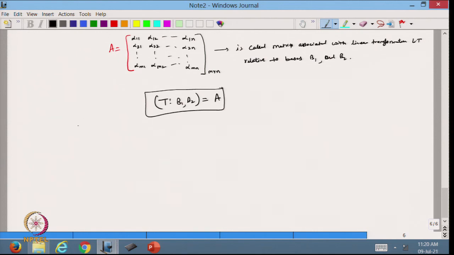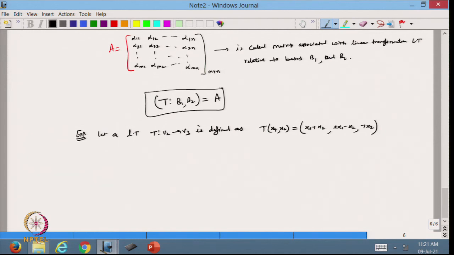So, let us take one example. Let a linear transformation T from V2 to V3 be defined as T of x1 x2 is equal to x1 plus x2, 2x1 minus x2, 7x2.